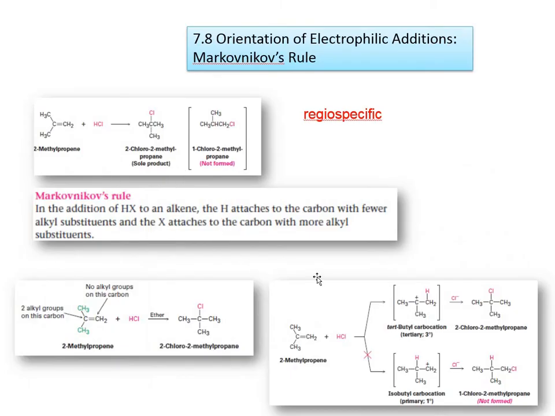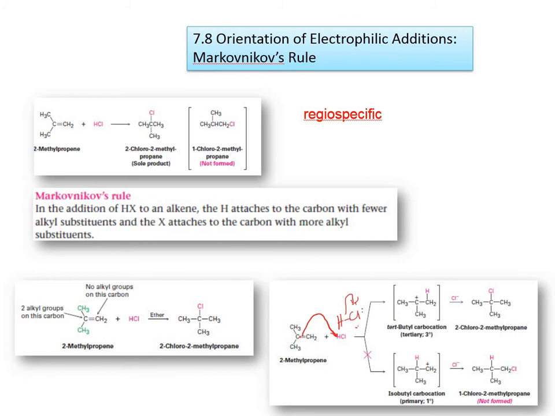So when we react 2-methylpropene with HCl, possibly we can form 2 carbocations. Let's show it here. Let me use arrows. So I'm going to say HCl. This bond will break, right? Possibly the hydrogen can be added to this carbon or the other carbon.